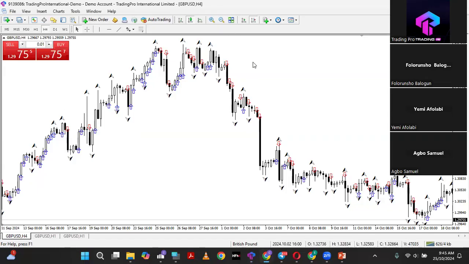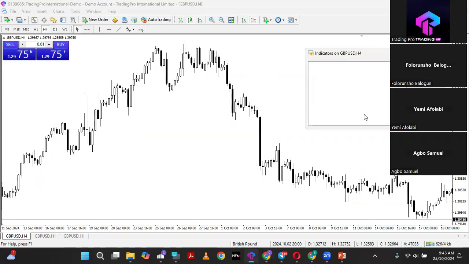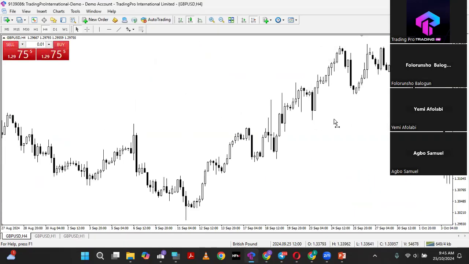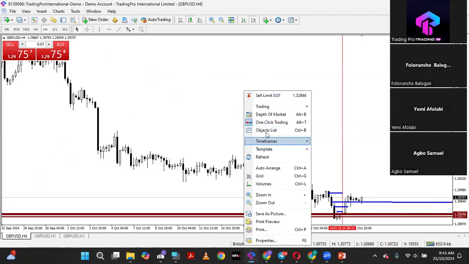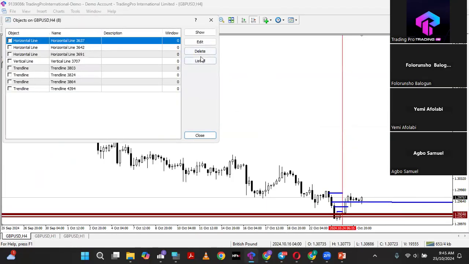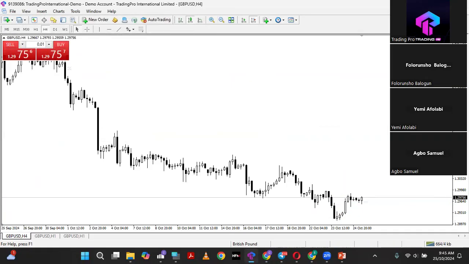Let me remove all the indicator lists. So you have a plain chart like this. I taught you guys how to save templates. So now the question is, what do you do after this?